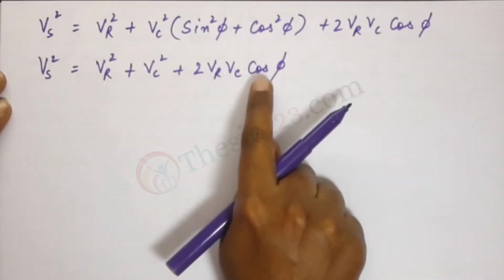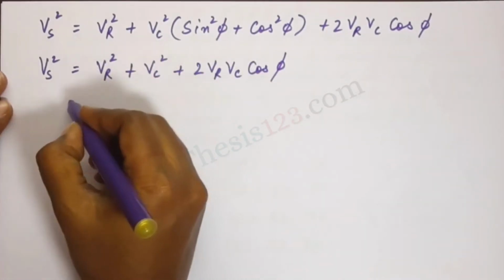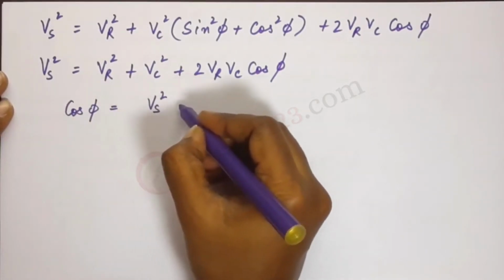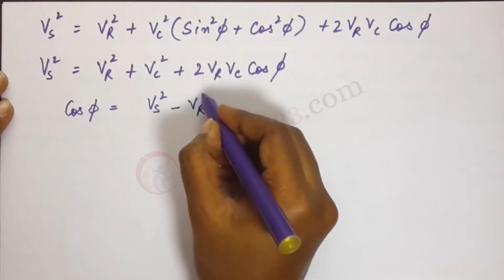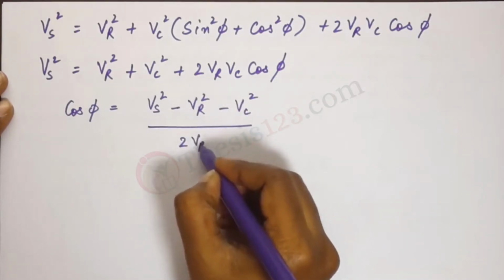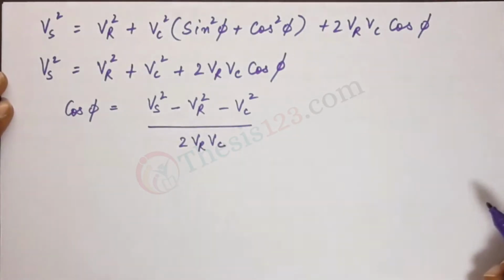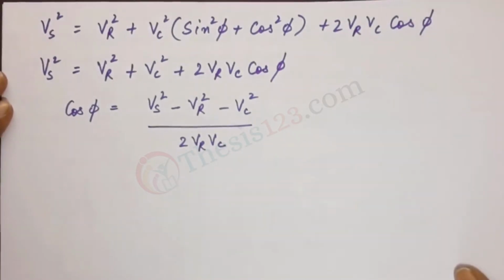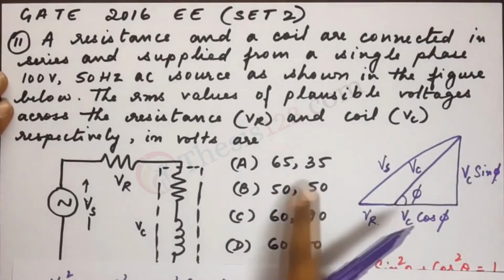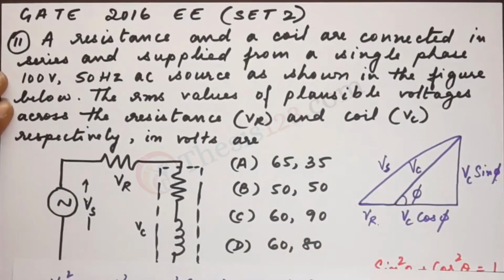So from here we can take out the expression for cos phi. So cos phi can be written as Vs square minus VR square minus VC square divided by 2 VR VC. So if we check the values that have been given to us, 65, 35, 50, 50, 60, 90, 60, 80.